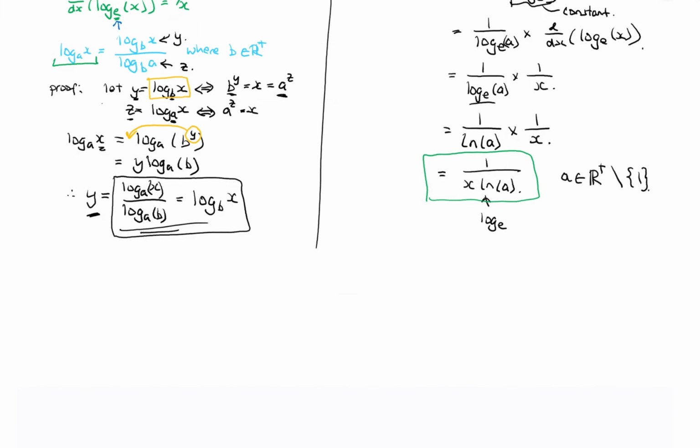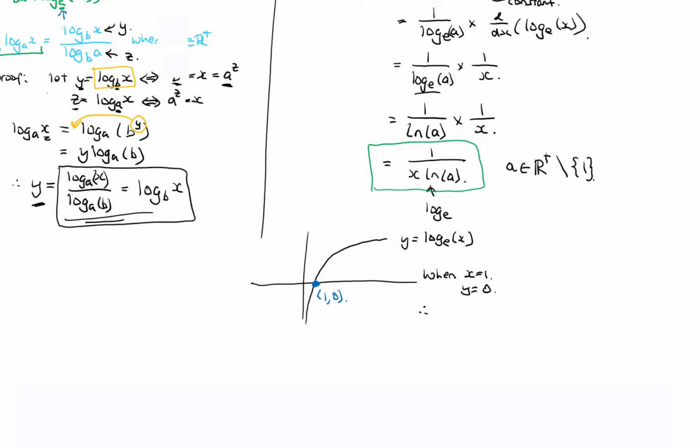So let's just explain why we cannot include 1. So let me just draw a graph, a log graph. This is my log graph, so y equals log_e of x, so natural log. Now when a is 1, in other words when x is 1, what happens to y? y becomes 0, right? Because e to the power of 0 is 1, so y is 0.